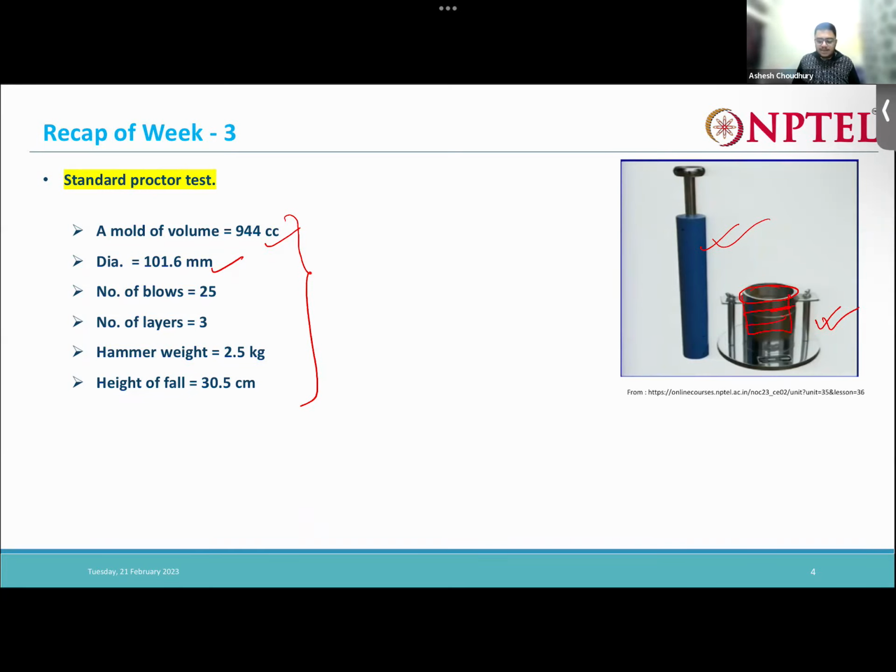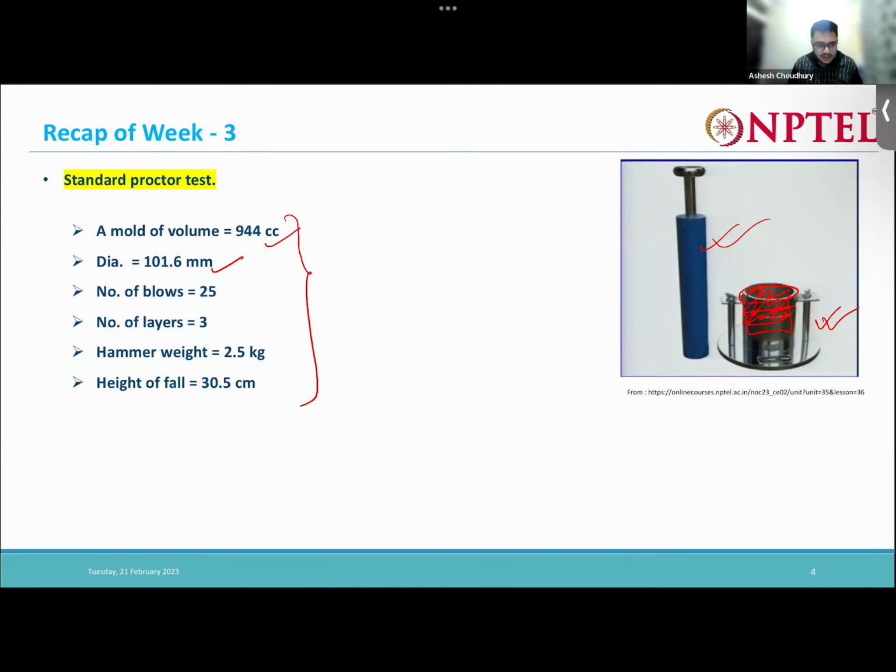We put one layer of soil, and then 25 blows on that soil, and that gets compacted. Then we put another layer of soil, again 25 blows over it, and again a third layer, and again 25 blows over it. Like this we fill the mold, and the top portion is trimmed off.